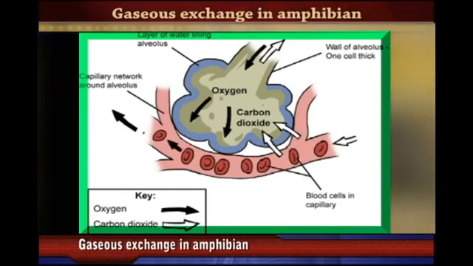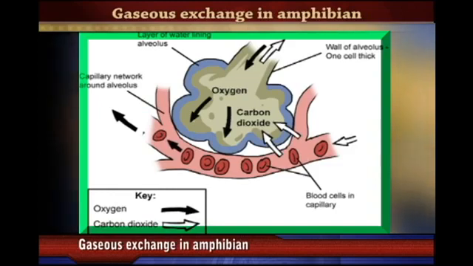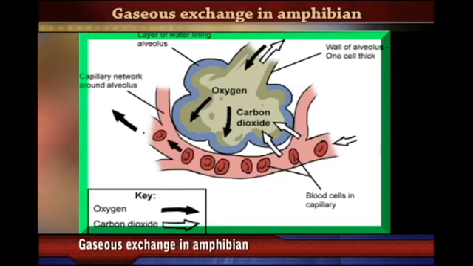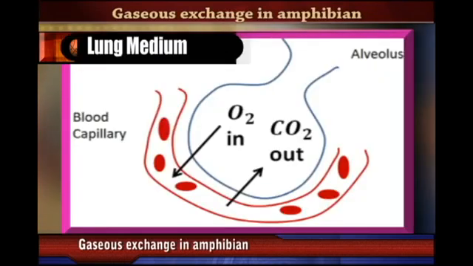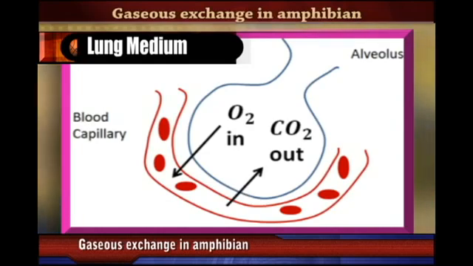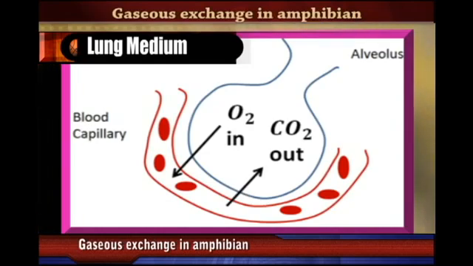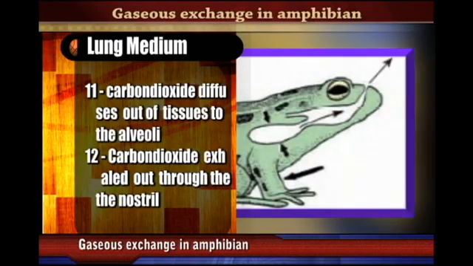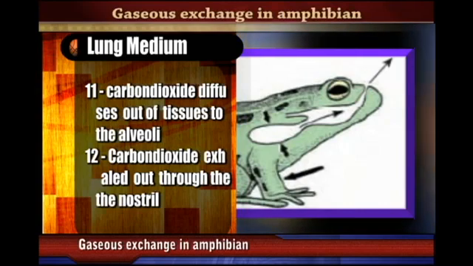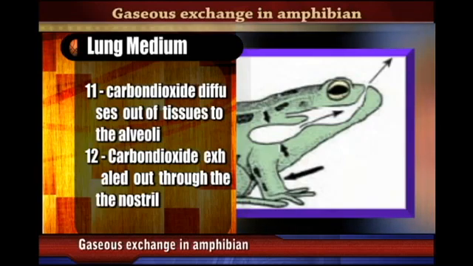Because of the high concentration of oxygen in the alveoli and the low concentration of oxygen in the blood, oxygen diffuses from the alveoli into the blood. Carbon dioxide will diffuse out of the blood tissue to the alveoli, and carbon dioxide will be exhaled out through the nostrils by the contraction and relaxation of the lung muscles.